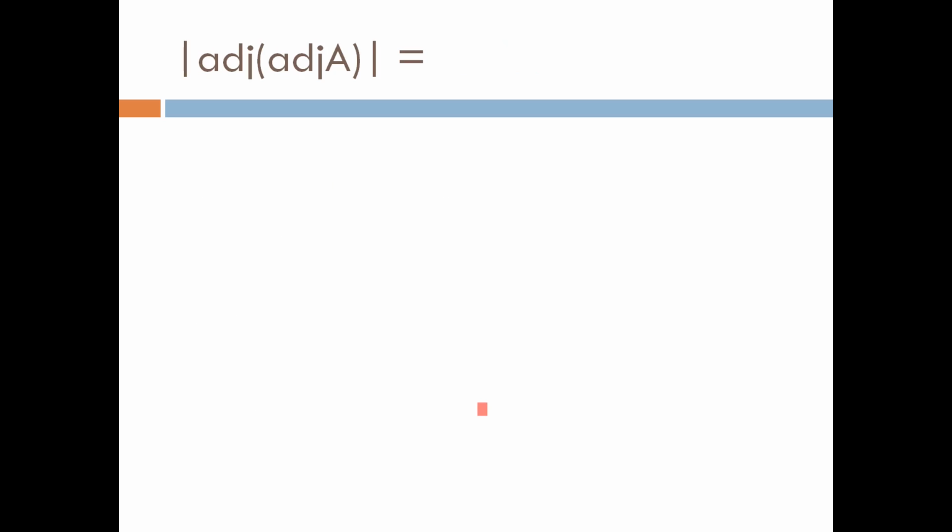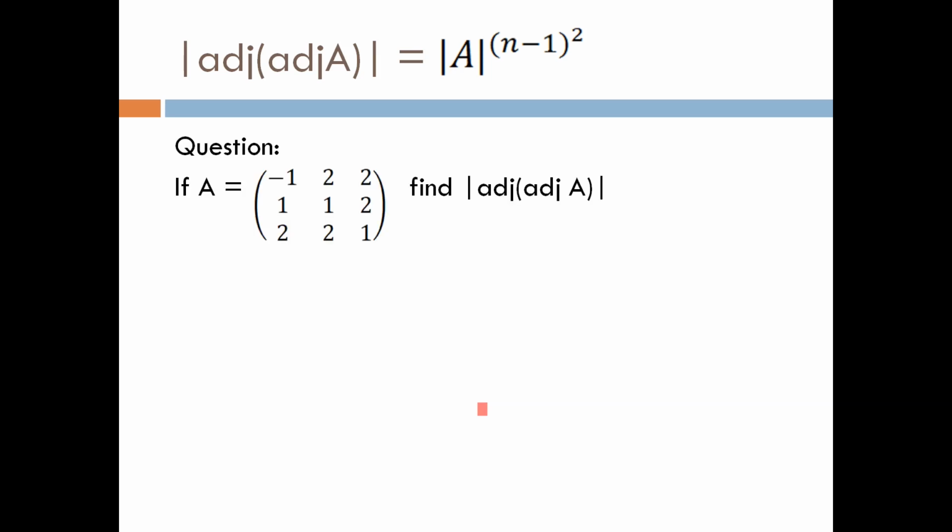But if they have given only the determinant A value, then from determinant A, how do you find the determinant of adjoint of adjoint A? Then you can go for this formula. Again we have the A matrix, so determinant A is 9. Applying this formula, it's 9 power 3 minus 1 the whole square, that is 9 power 2 square, that is 9 power 4, that is 6561.